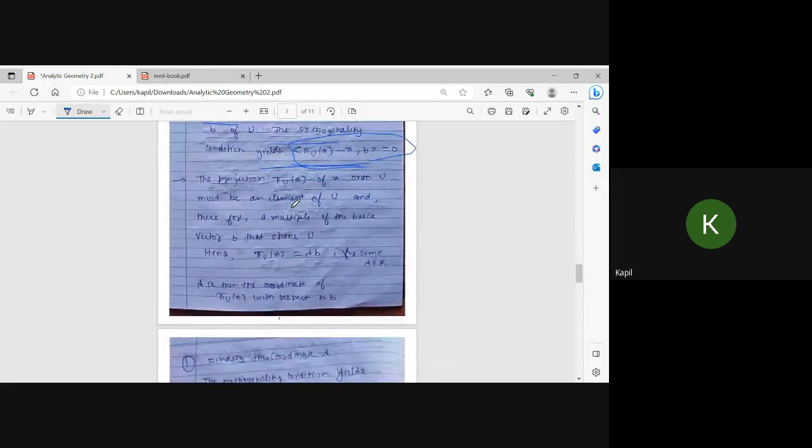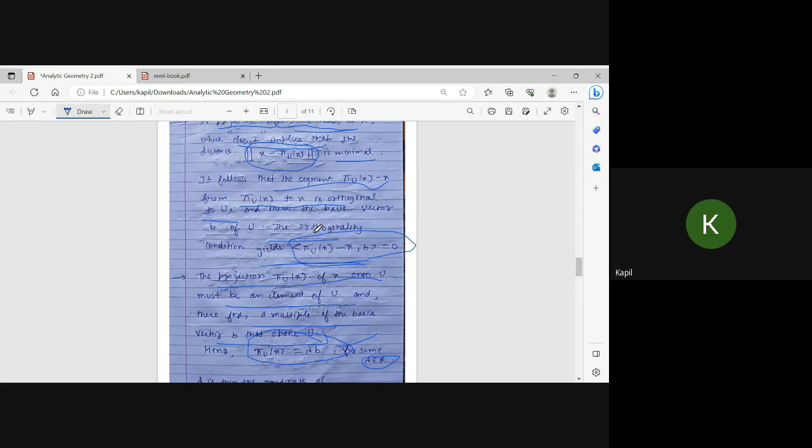The next property of this projection is that the projection pi_U(x) of x onto U must be an element of U and therefore a multiple of the basis vector b that spans U. That means our projection is a multiple, lambda times our basis vector b, where lambda is any real number. This is the second property of the projection pi_U(x). So lambda is the coordinate. If pi_U(x) is equal to lambda times b, then lambda, the real number, is the coordinate of pi_U(x) with respect to the basis vector b.